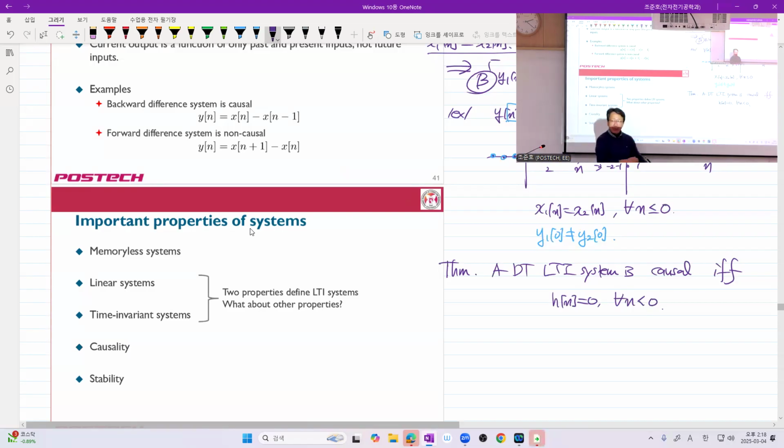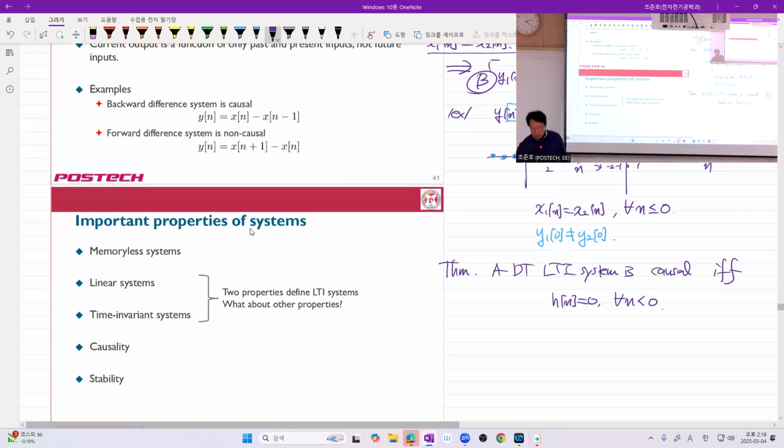So amazingly, a DT LTI system is fully characterized by its impulse response. By inspecting your impulse response, you can immediately find whether it's causal or not.